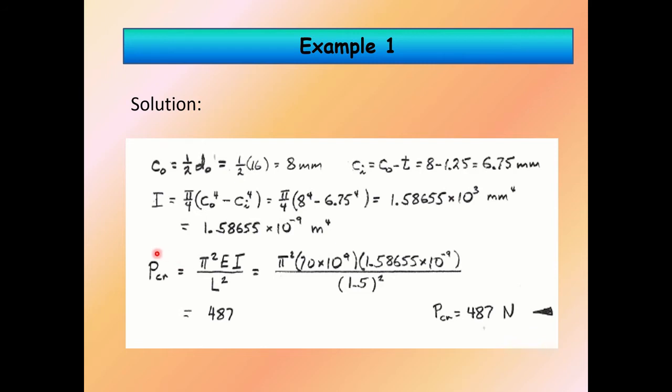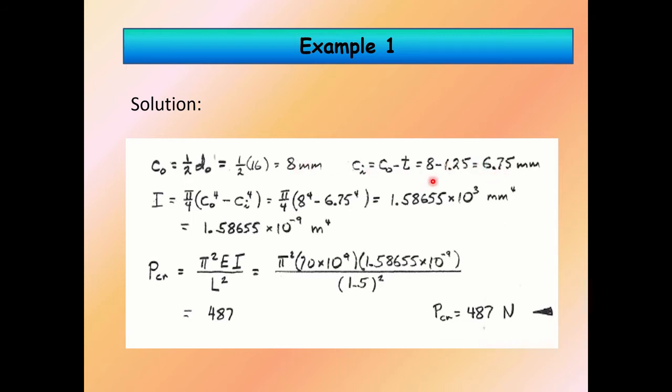To determine the P critical, you need to use the Euler formula. This is the inertia formula for a hollow shaft. Substitute the outer radius, 8 mm. This is the inner radius, the outer radius minus the thickness of the tube.